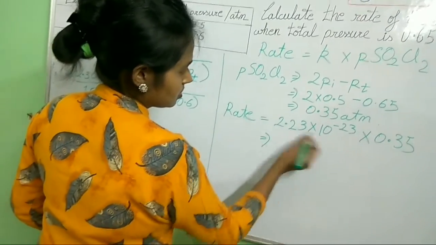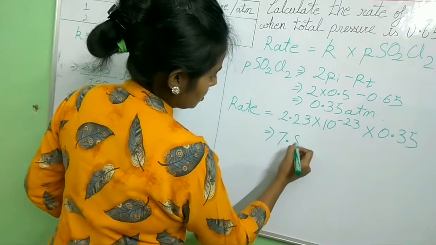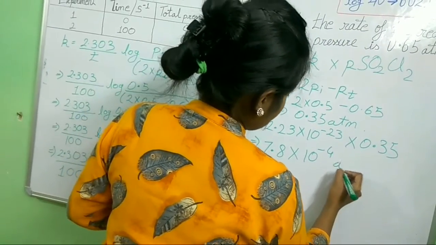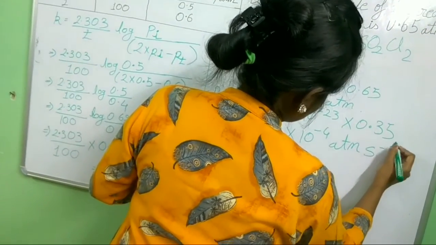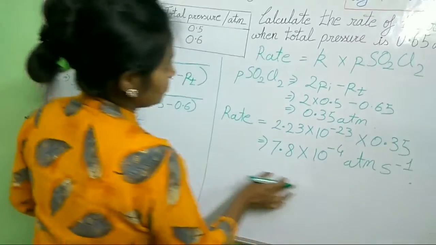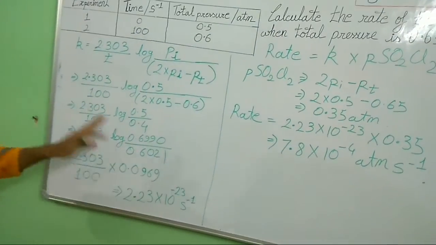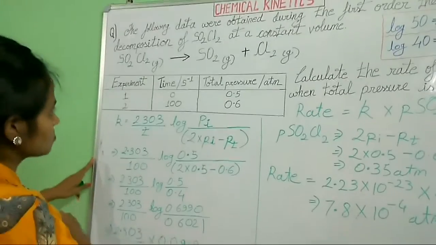So if you calculate with the help of calculator, 7.8 into 10 to the power minus 4 atmosphere second minus 1. This will be the rate when the total pressure is 0.65 atmosphere. Hope it's clear to you. Now let's move on to the next question.